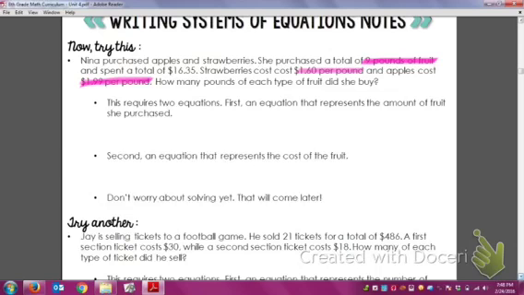So then there's this extra piece of information that says she spent a total of $16.35. So here's the kicker. That's where we're going to take the two pieces of information and find a single solution that fits both equations.